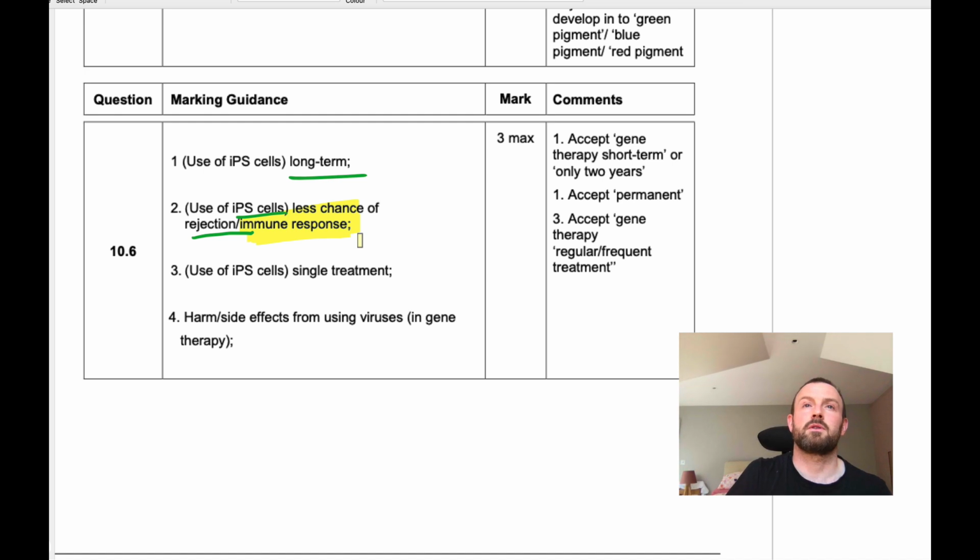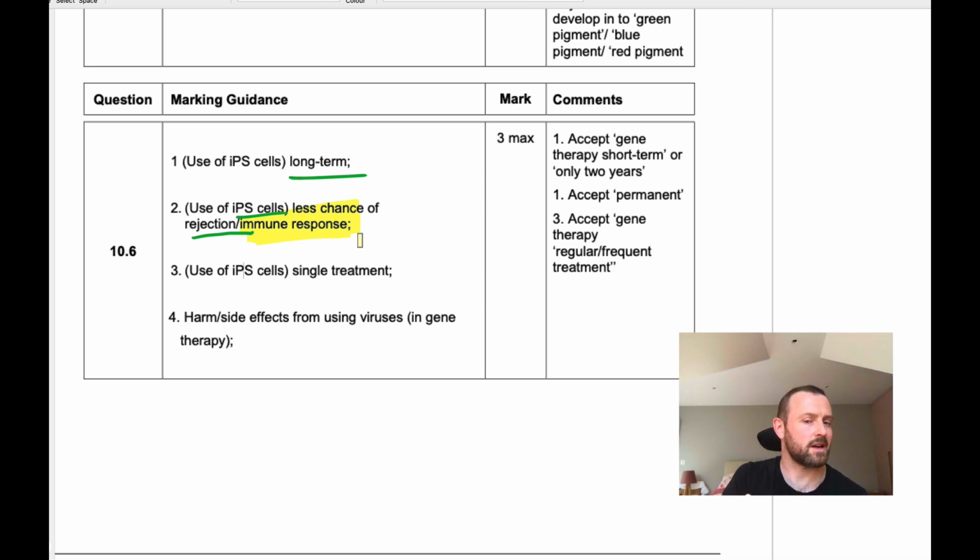So the more frequently you use the gene therapy, the less effective it can become, because your body is mounting an immune response against the virus. So the iPSC treatment is a one-off treatment, whereas the gene therapy would have to be repeated multiple times. And I suppose there could be side effects from using the viruses.